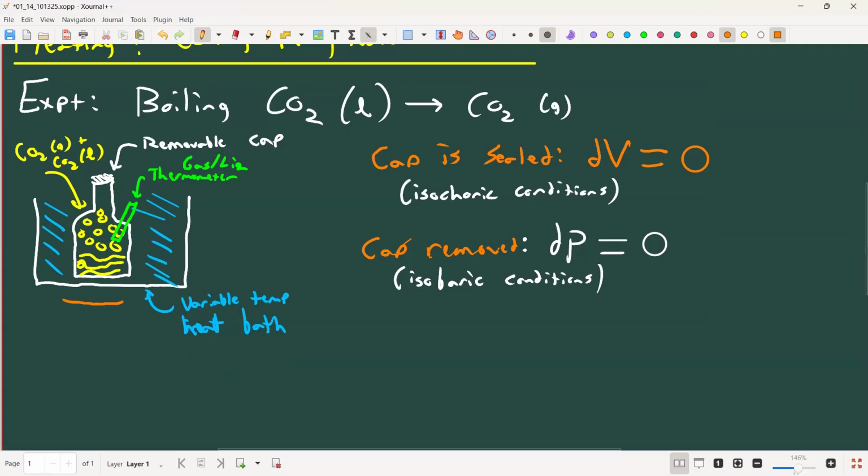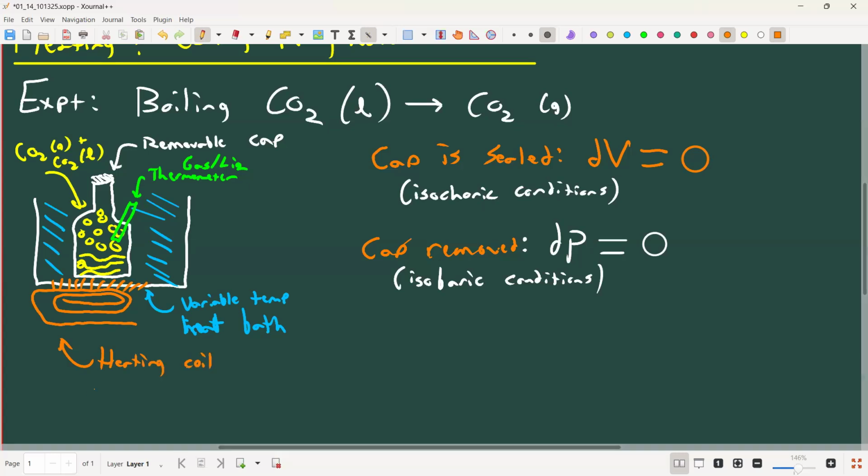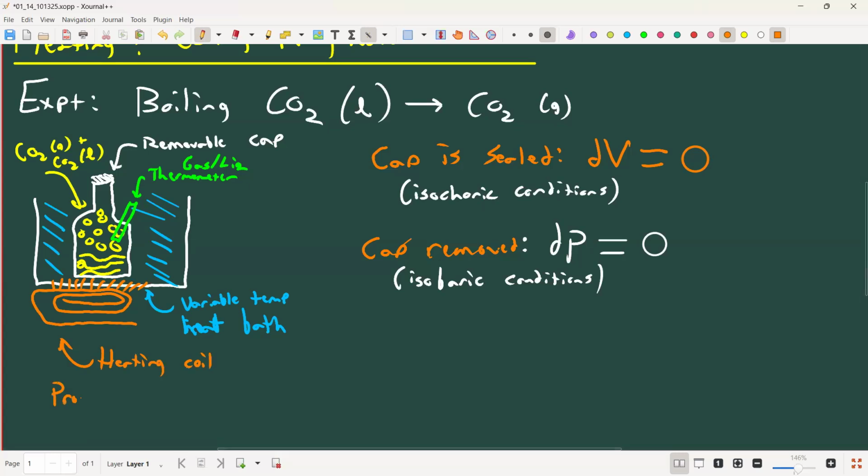So I've got this heating coil. Right, that's radiating heat. This is a heating coil that provides a constant amount of heat energy per second.